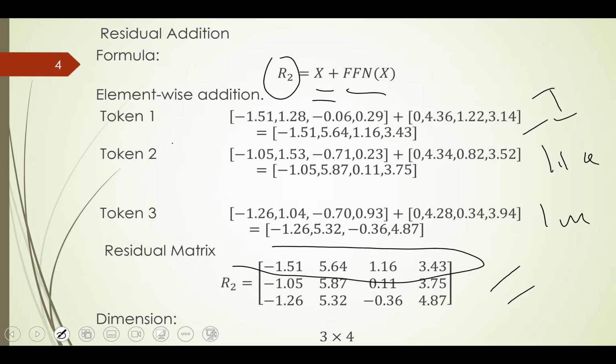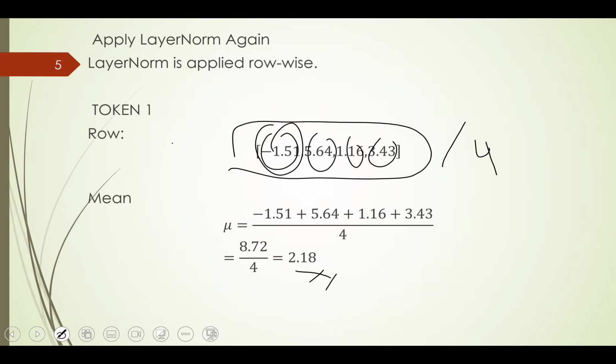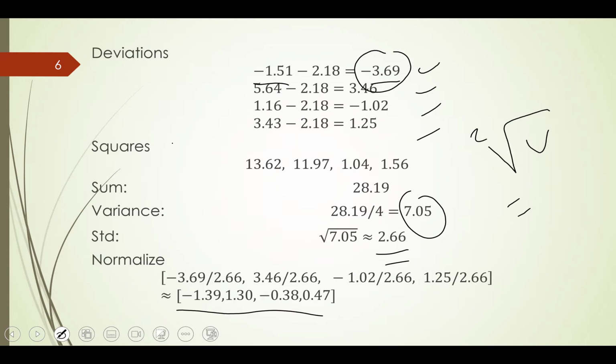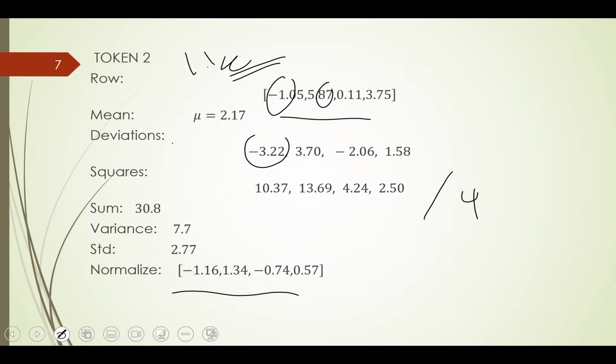Then we did the normalization, so that we have a better representation of the input while keeping the original, tackling the vanishing gradient problem in backpropagation, and having better normalization for training.